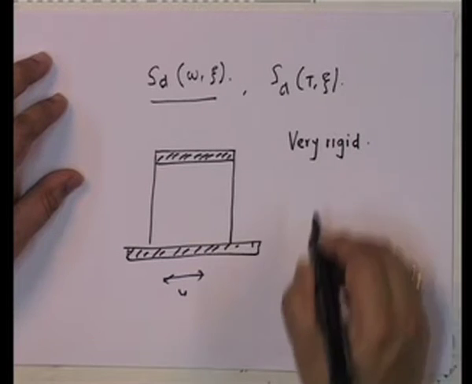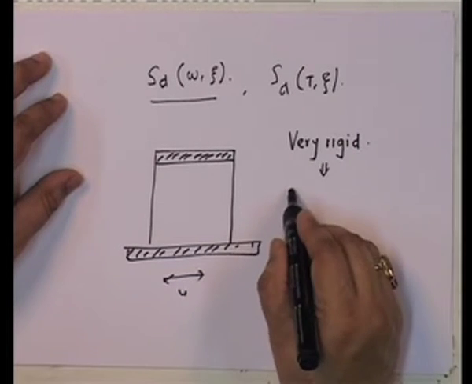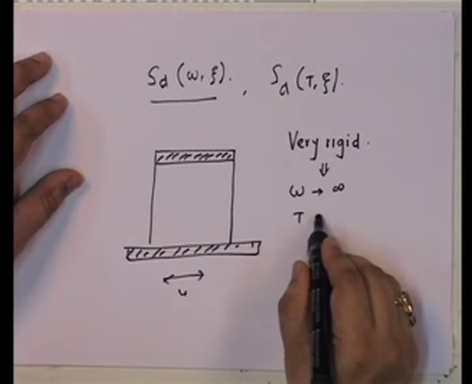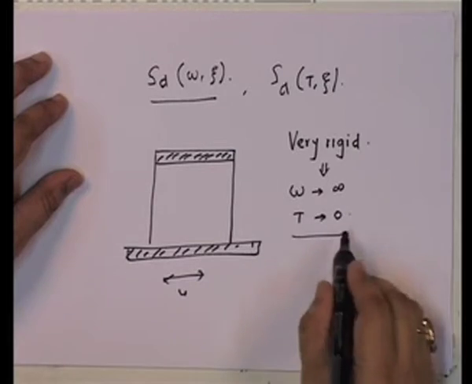If you have a very rigid structure, what does that mean? Omega tends to infinity, t tends to 0.